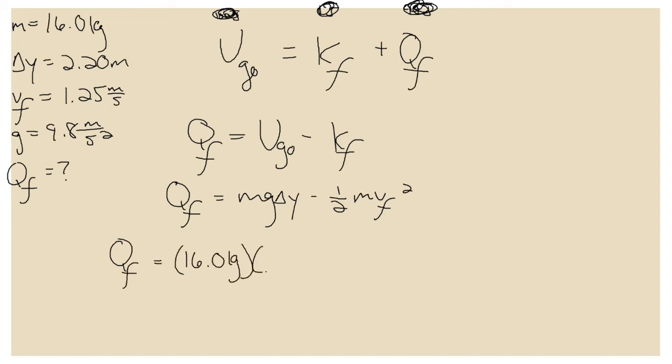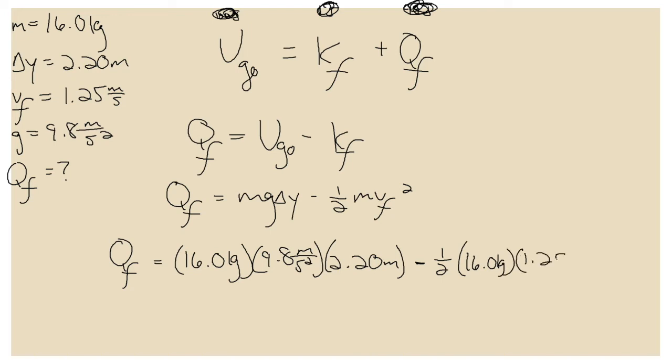So I have 16.0 kilograms times 9.8 meters per second squared times my height, 2.20 meters. And then I'm going to subtract my kinetic energy, 1/2 of the mass, which is 16.0 kilograms, times my final velocity squared, 1.25 meters per second, whole thing squared.